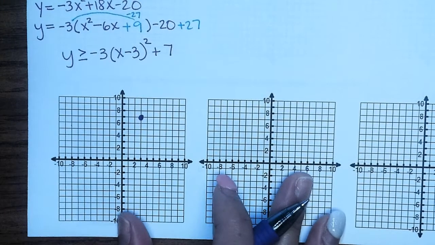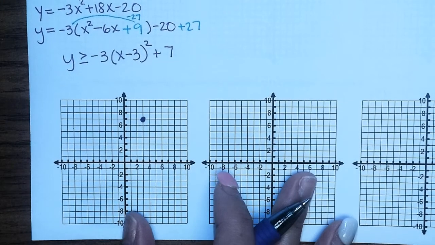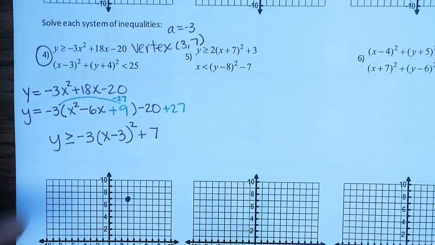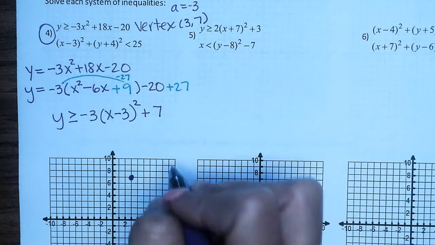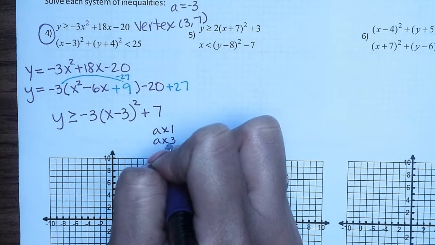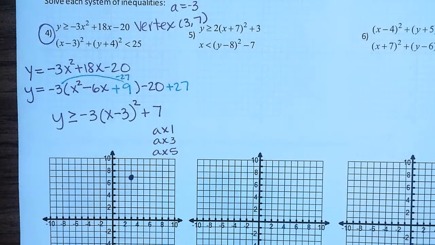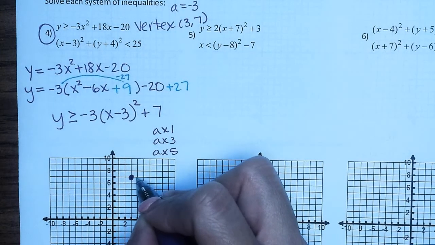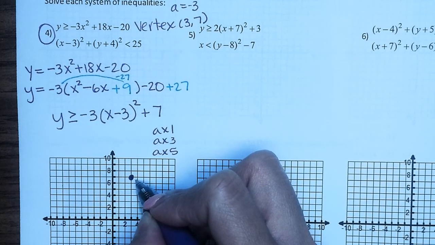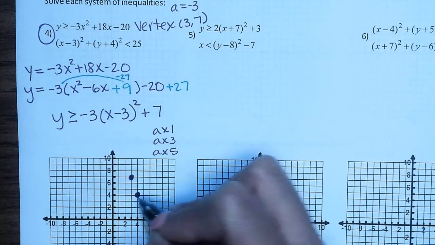We're going with it. So 3, 7 is the vertex, and remember the a value was negative 3. In case you forgot the counting pattern, I'm going to use a times 1, a times 3, and a times 5. From the vertex, I'm going to go to the right one, and then do a times 1. So negative 3 times 1 is negative 3, which means go down 3.